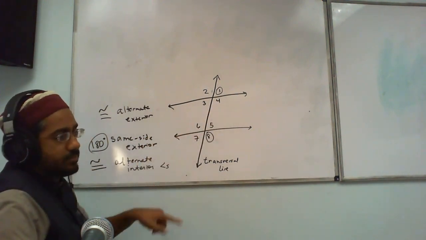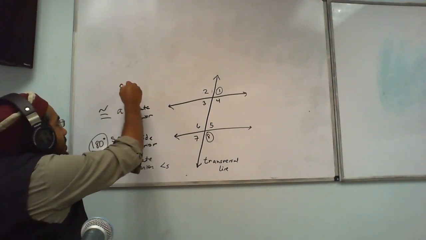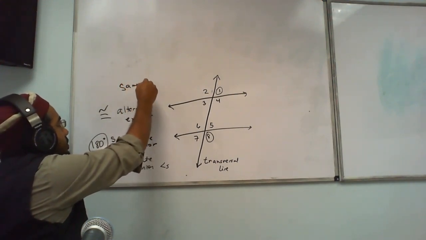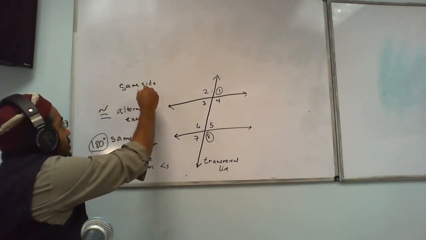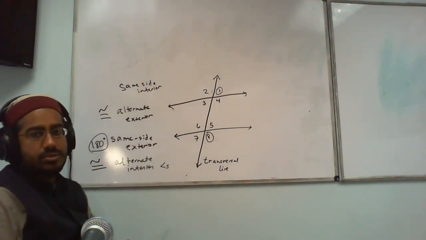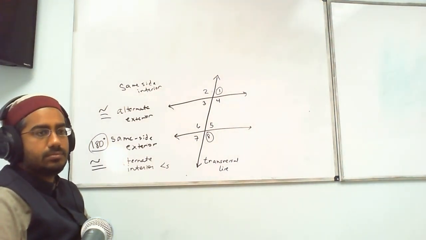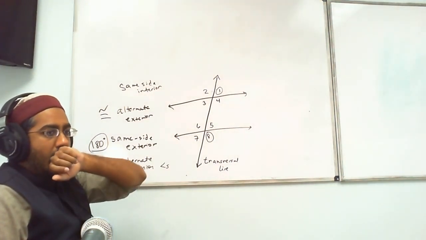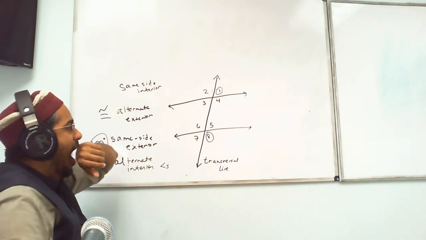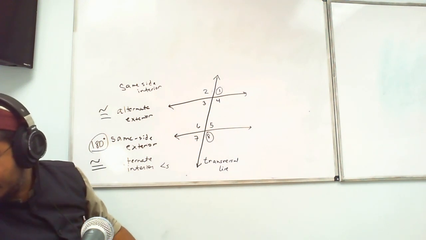And what is the last one? Same side interior. Can you name for me a pair of same side interior angles? 3 and 6 and 4 and 5. Okay.